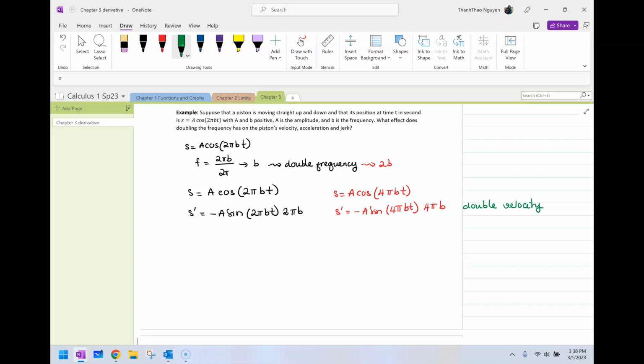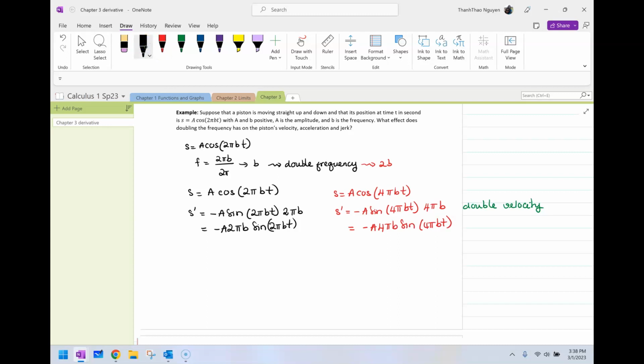Okay, let's see what happened with acceleration. But first, let's clean this up a little. Negative a times 2 pi b times sine of 2 pi bt, and negative a times 4 pi b times sine of 4 pi bt.